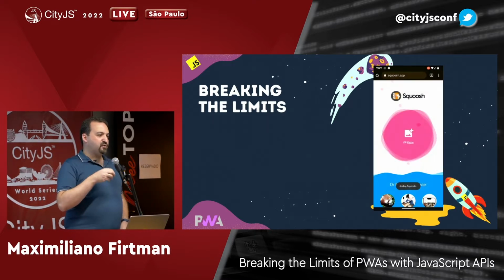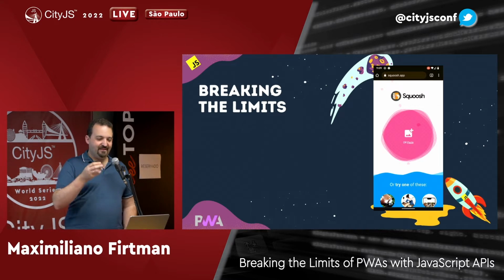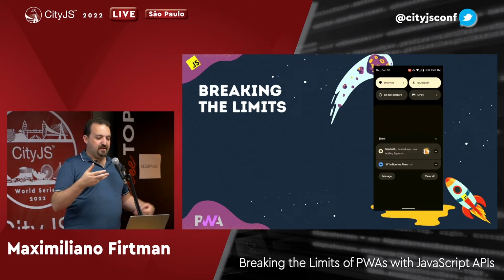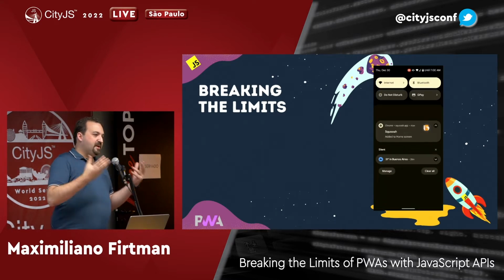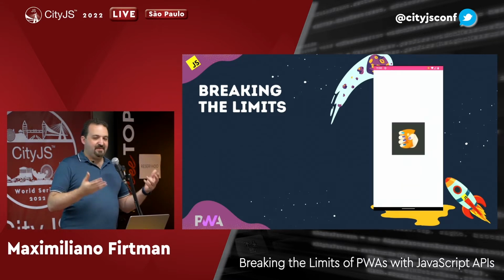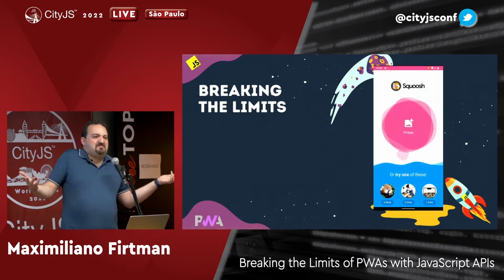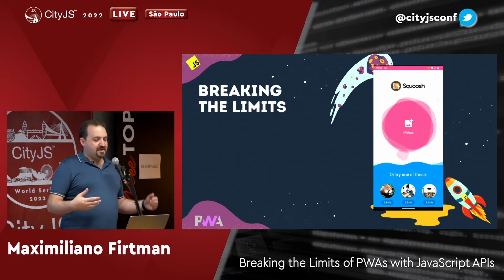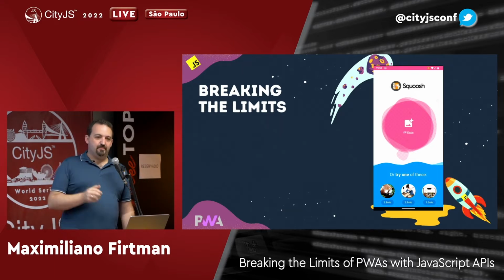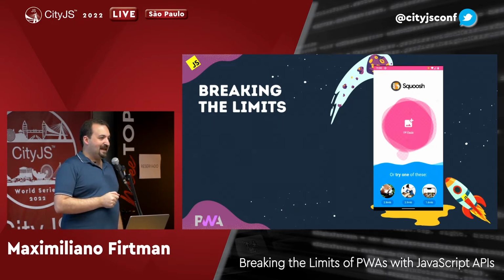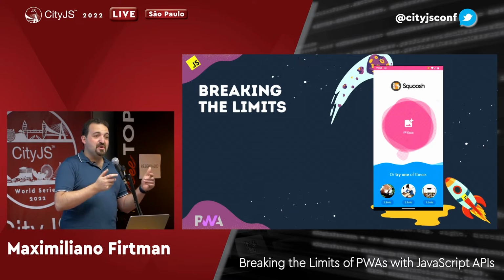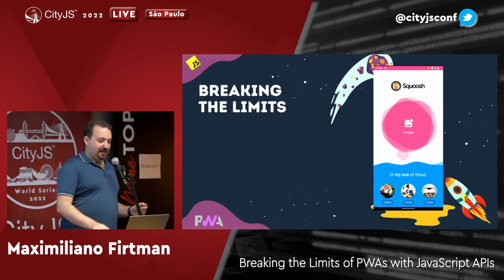It doesn't say add to the home screen anymore. It says install, which for the user is actually more interesting. We know what install means, right? No, add to the home screen, I don't know what that is, okay? So it actually makes a much better experience for installation, and it will increase conversion. So more users will actually convert and install your app.